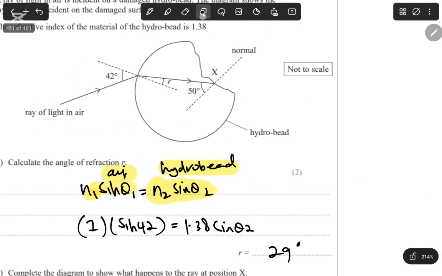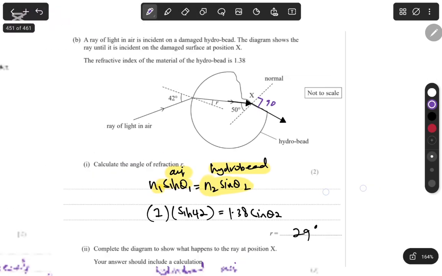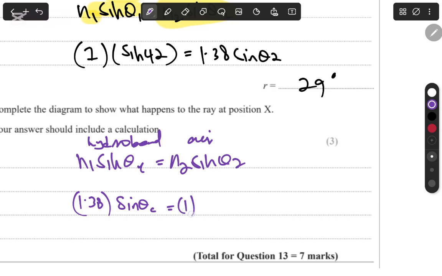So at the critical angle, your refracted ray should be perpendicular to the normal, so there should be a 90-degree angle right over here. So we're going to have N1, which is 1.38, sine theta 1, which is basically the critical angle, equals N2, which is 1, and then sine 90.